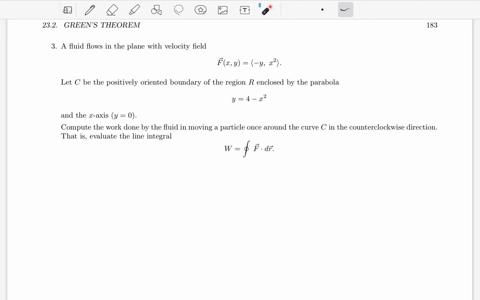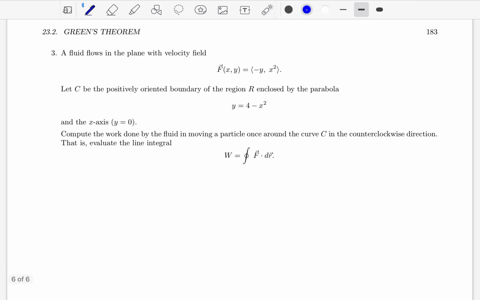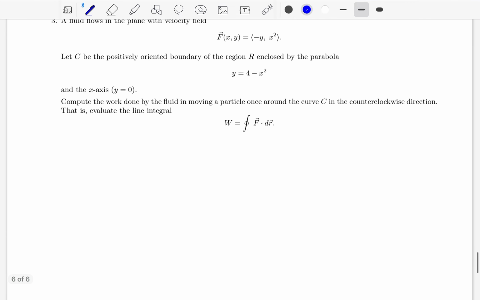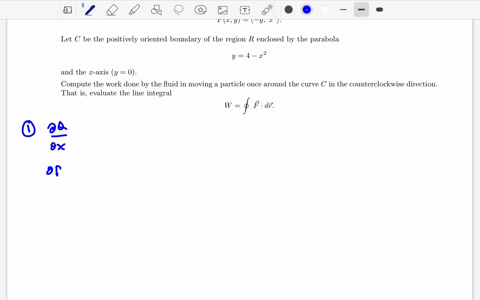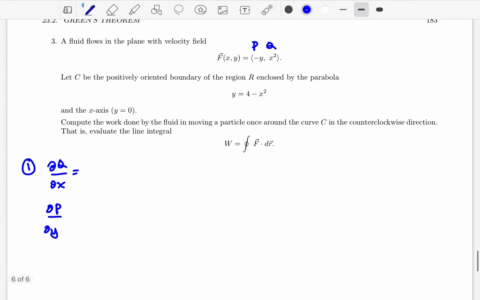Perfection. Same idea. First of all, one more time, whenever you see that it's a closed curve, it smells like Green's theorem, but we have to check. The main thing to prove is that it does not have zero circulation. Okay, so let's see. This is P and this is Q, so dQ/dx and dP/dy.